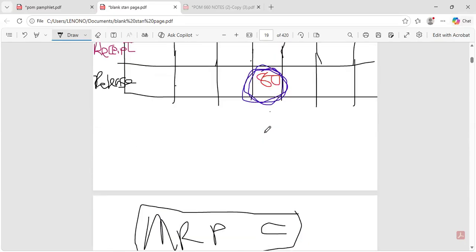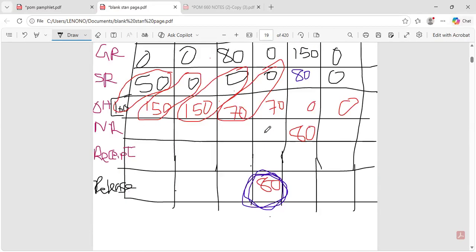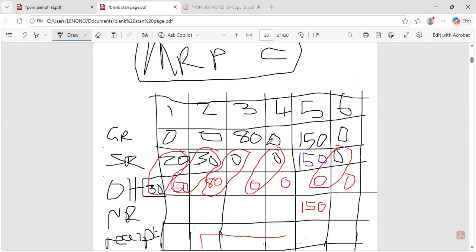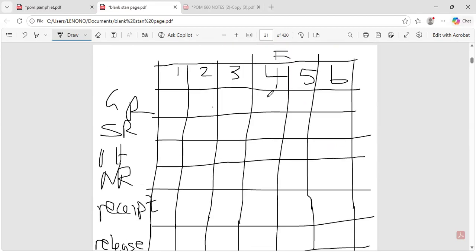So it's 80 by 3 in week 4, which is 240. So 240 and the rest of these are zeros.